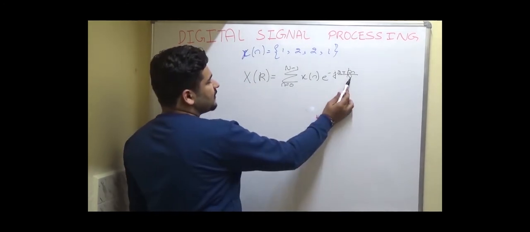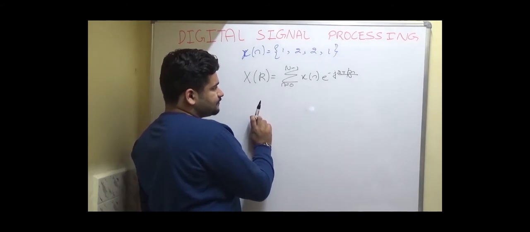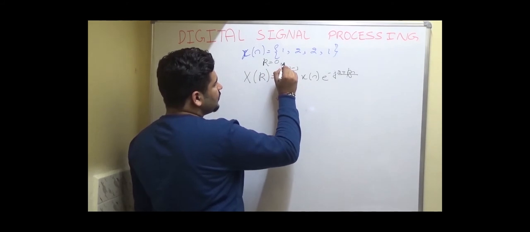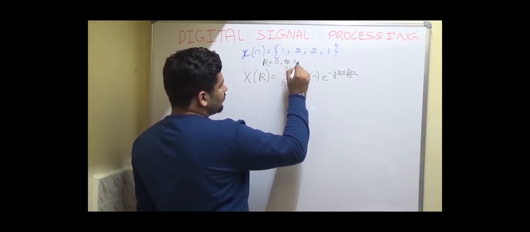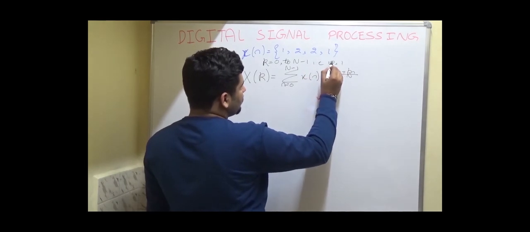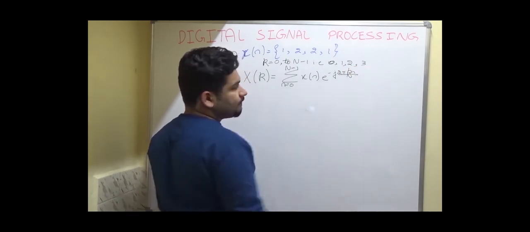Here capital N is 4 because the number of terms given are 4, and k always ranges from 0 to N minus 1, that is 0, 1, 2 and 3.